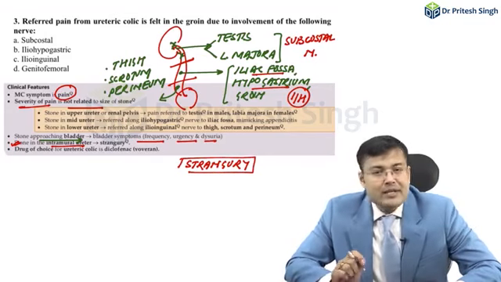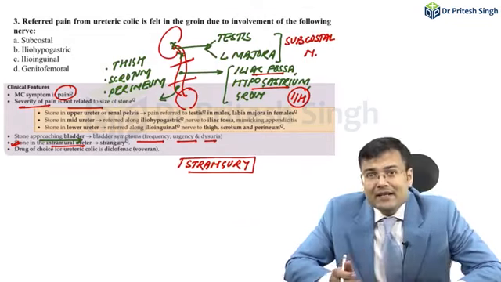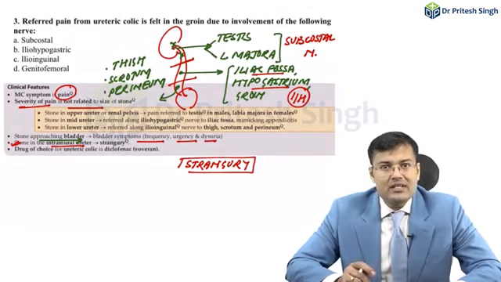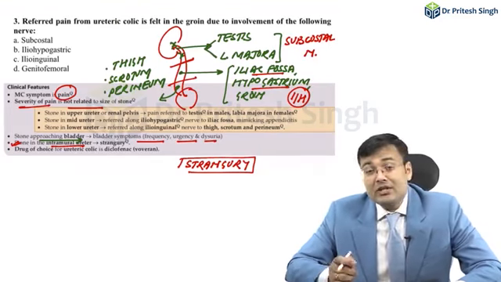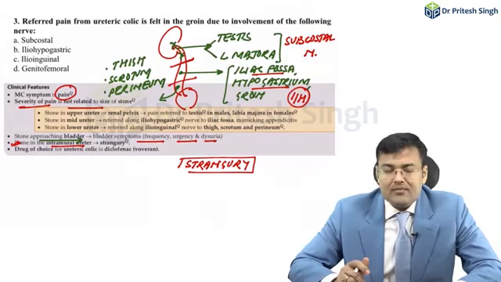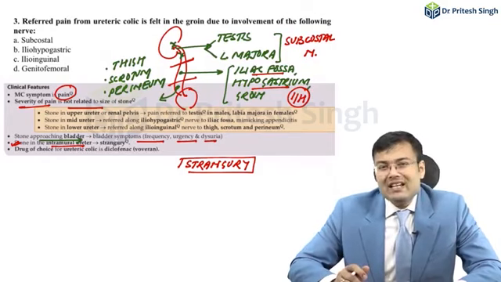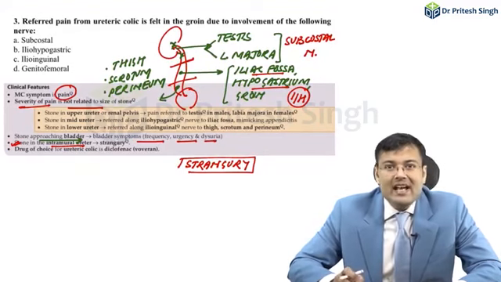Strangury means painful micturition, and urine comes drop by drop, and there is difficulty in passing urine. So these are the questions related to referred pain in cases of stone in the kidney and ureter.